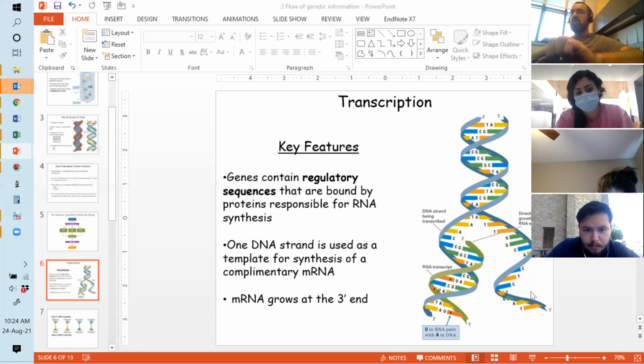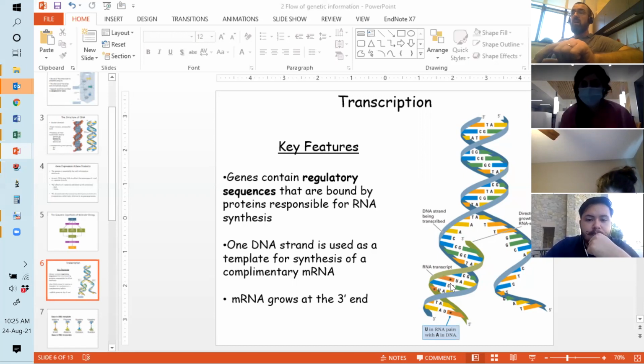And the reason for that is that if you want to copy this in a 5' to 3' direction, you can't use this as the template because you'd need to make the RNA in the opposite direction. So you have to use the other strand to get it going in the right direction.